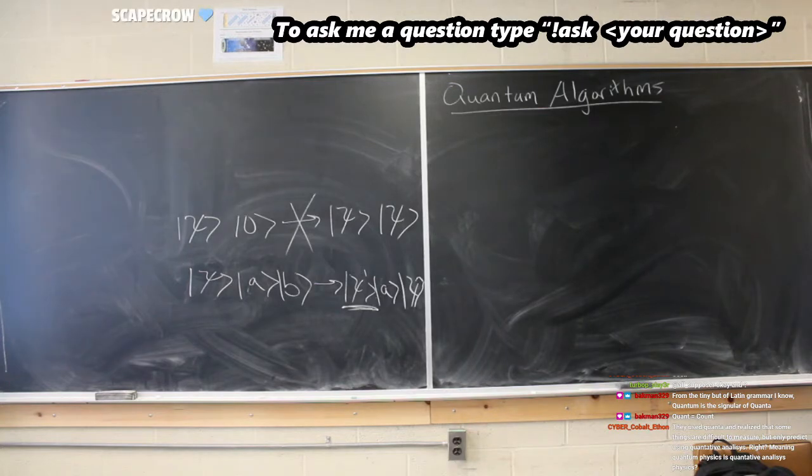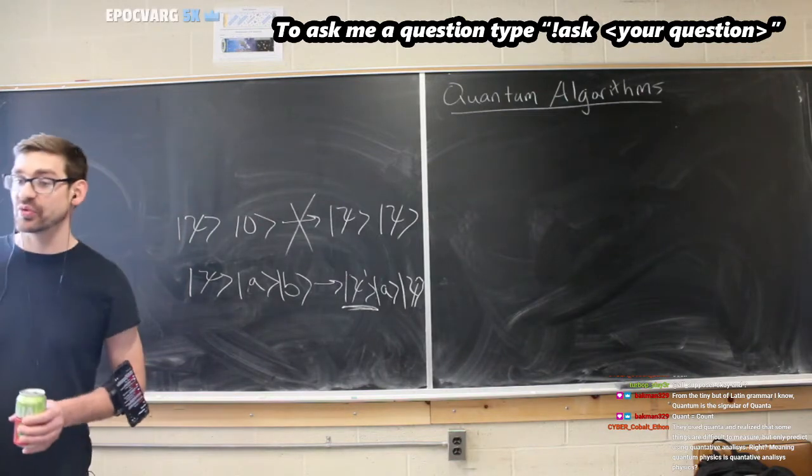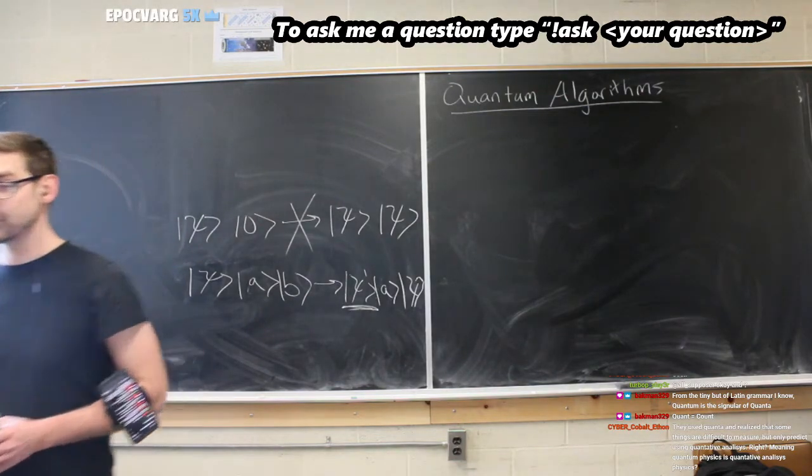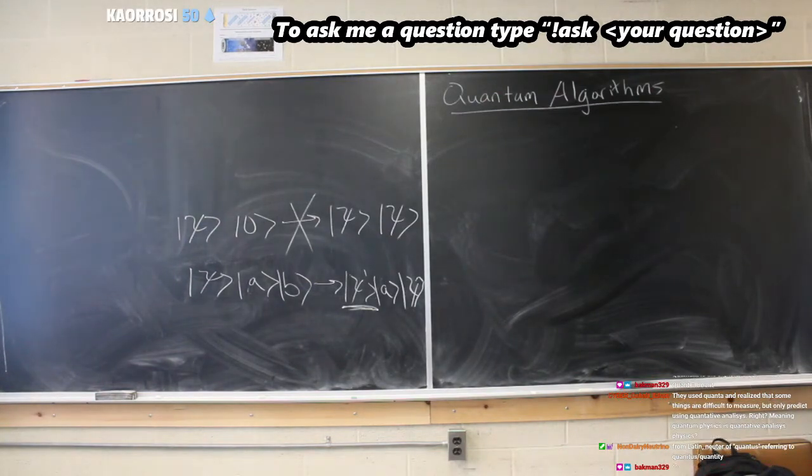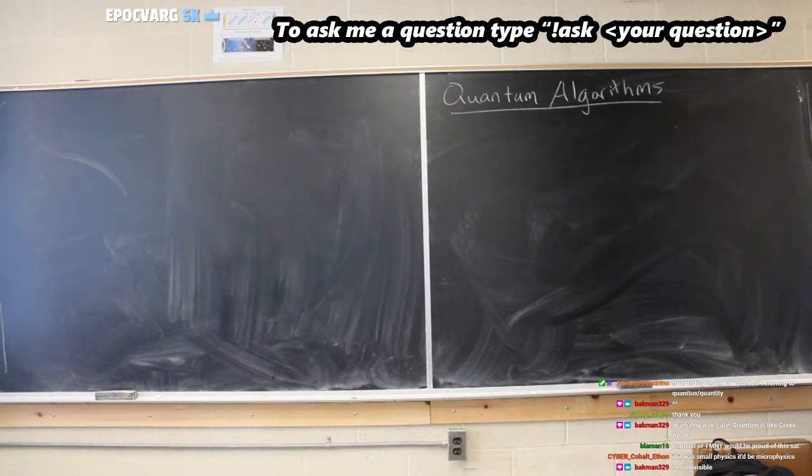Is that what that means? Discrete. Maybe it's like Latin for discrete or something. I got way too excited about that. From Latin, the neuter of quantus, referring to quantity. So we'll call it discrete. Indivisible. There we go. Haha. Yeah. Microphysics. Yeah, but then we'd just be like chemists. We have to be careful.